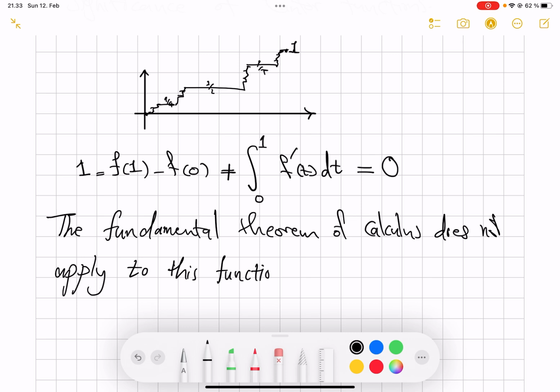Of course, mathematicians would immediately jump on the question of for what functions the fundamental theorem of calculus actually holds, and what is exactly wrong with this function.